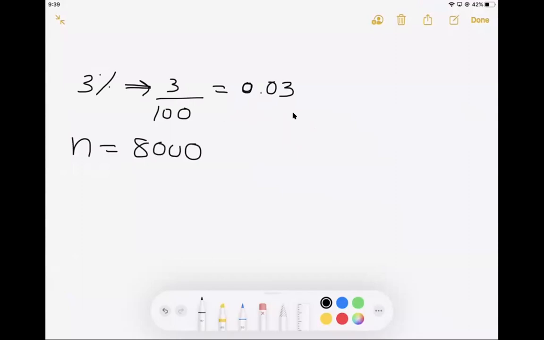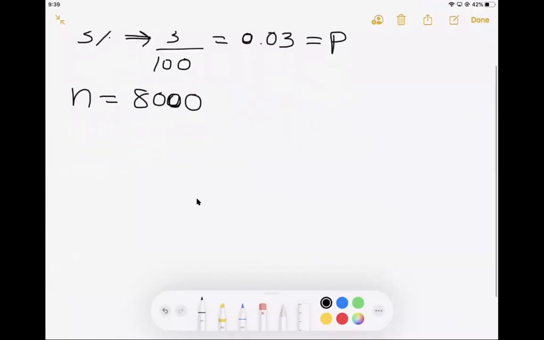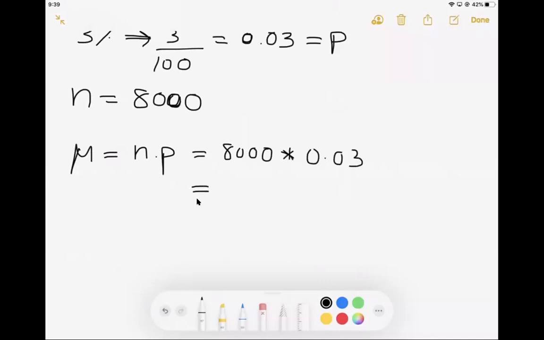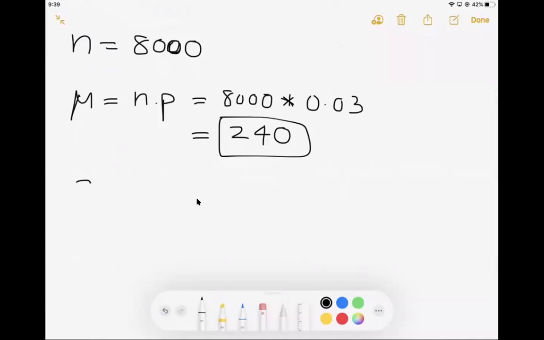We know p and n. If we know p and n, we can find the mean. Mean is n times p. n is 8,000, p is 0.03. So what is our mu? It's 240.